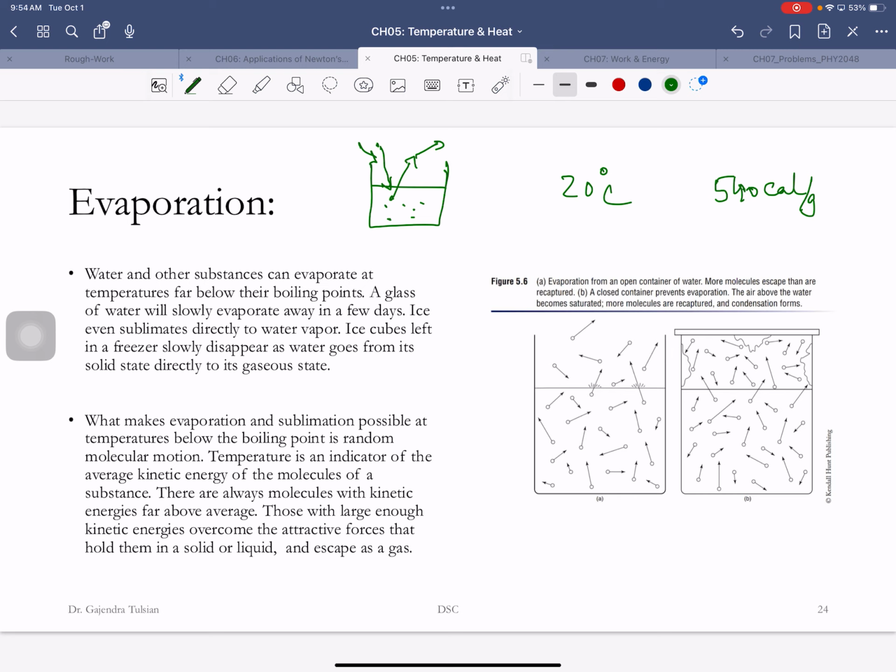So that's an extremely dangerous situation, and we'll see how you can solve that problem. At any given temperature, water molecules are escaping and water molecules are coming in. If there's a net, and more are escaping than coming in, then you have evaporation.